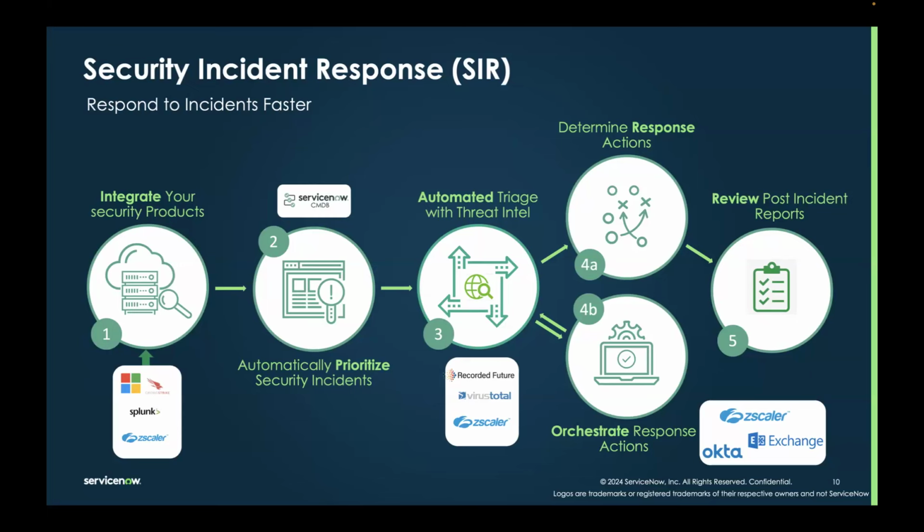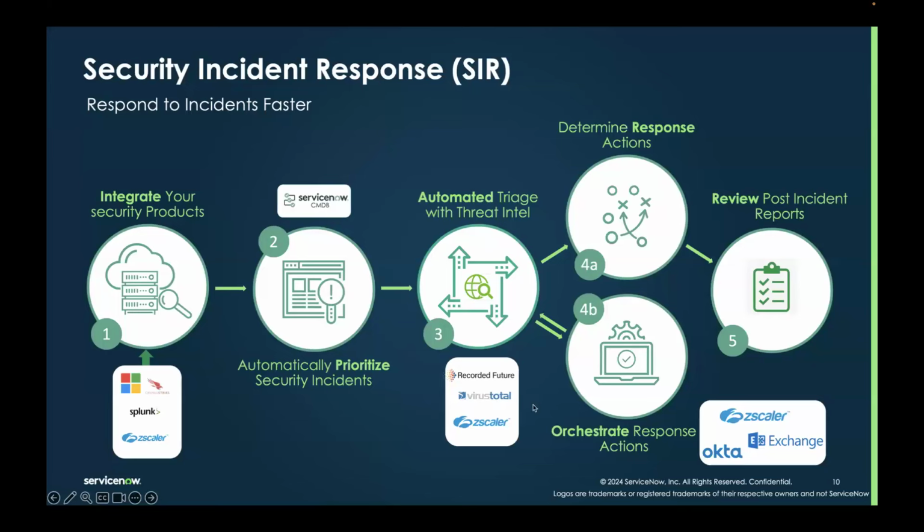So by integrating your various security and SIM tools, you have one central system of action to view and prioritize alerts. All those alerts come in from different sources like Splunk, Zscaler, and these all get assimilated in the ServiceNow CMDB, where all of those security incidents are then triaged with advanced threat intelligence, again coming in from various sources.